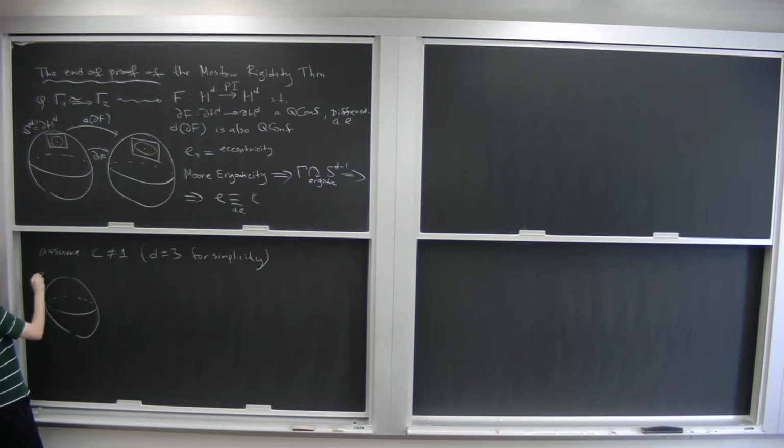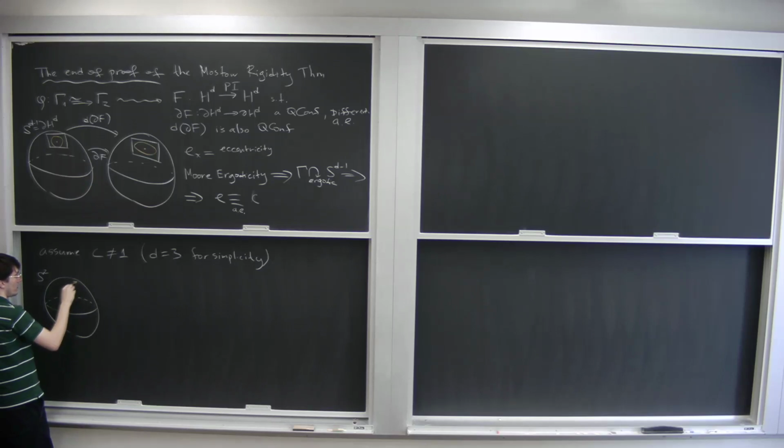I assume now that this is my sphere S^2. For every point X, I have the axis of this ellipsoid, so I have this vector.